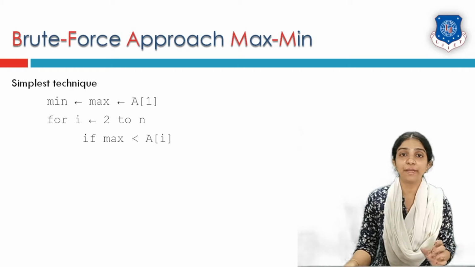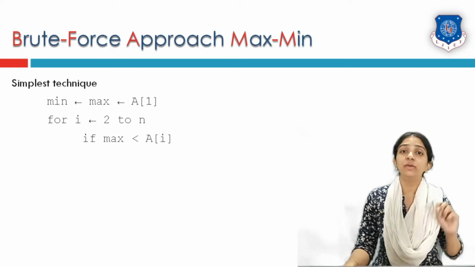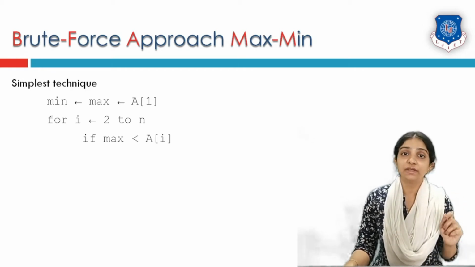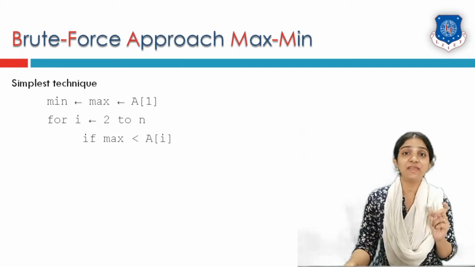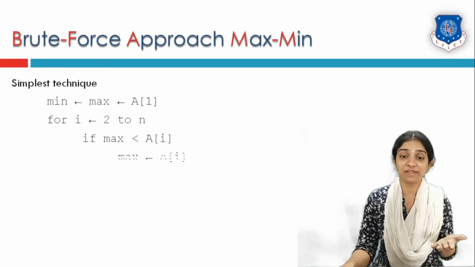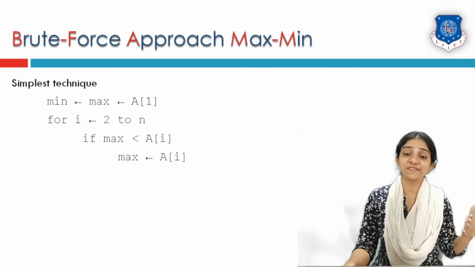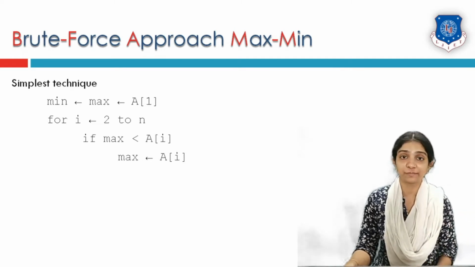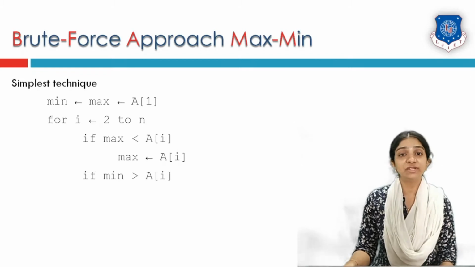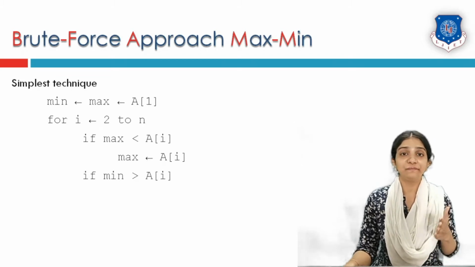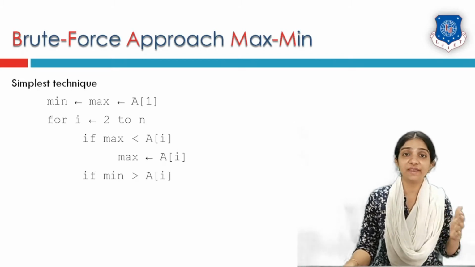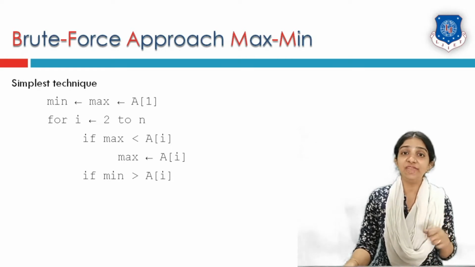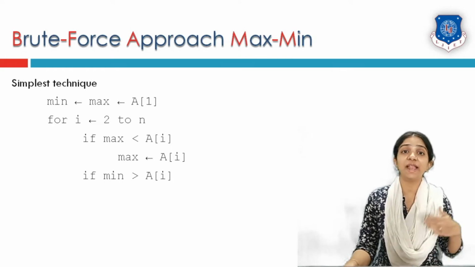We have to compare max variable with A of i element. If max is lesser than A of i, then obviously A of i is greater than max. In that case, we must assign A of i to max. The second comparison we do is for min. If min element is greater than A of i element, then we have to assign A of i element to min.